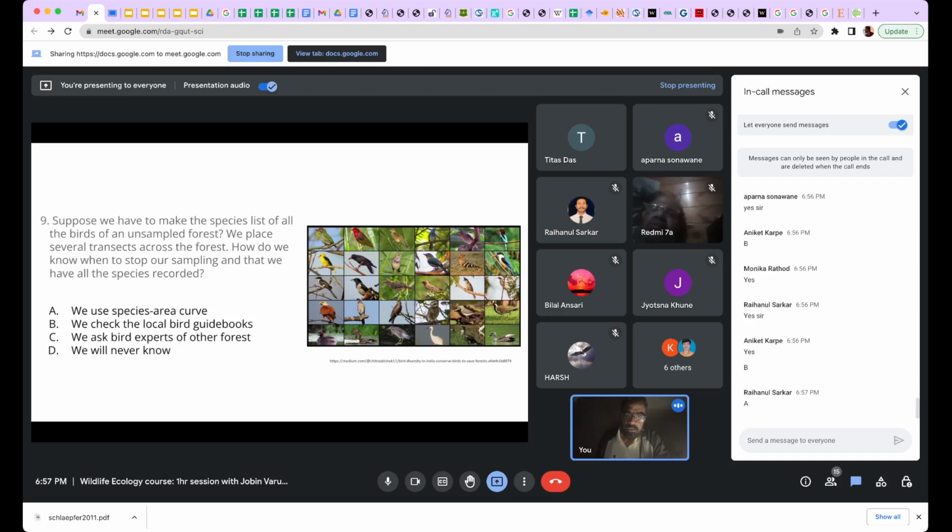Aniket says B, Rehanul says A. Krish says A. Anybody else with any other answer?